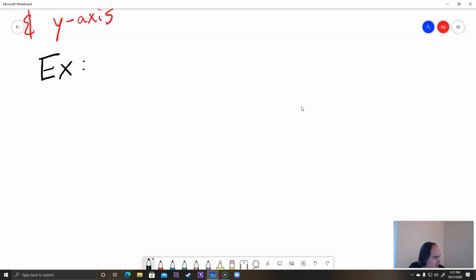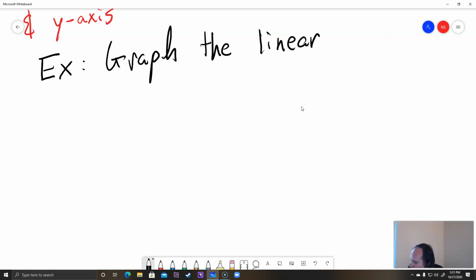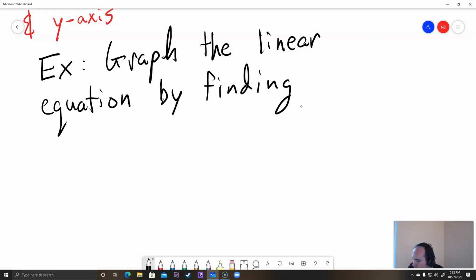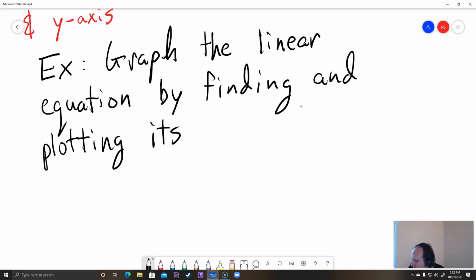Example: graph the linear equation by finding and plotting its intercepts.